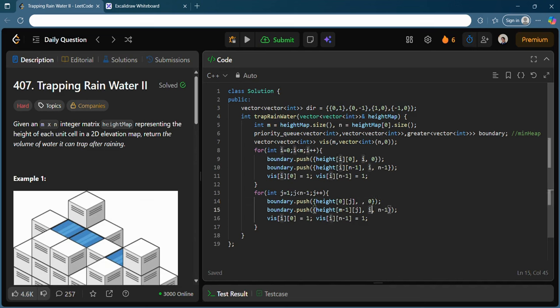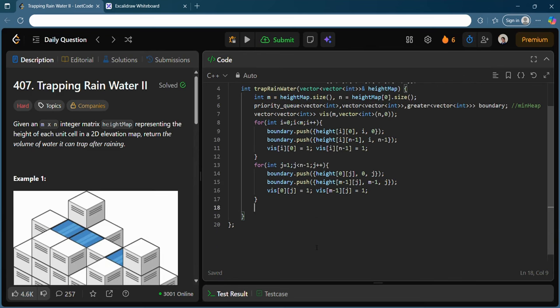The second variable is nothing but j actually. So this will be m minus 1, and this will be 0, this will be j, this will be j. I hope it is clear to you, and the visited array I will change accordingly. This will be j, this will be m minus 1, and this will be j. So you will have the visited array completely ready, completely fine.